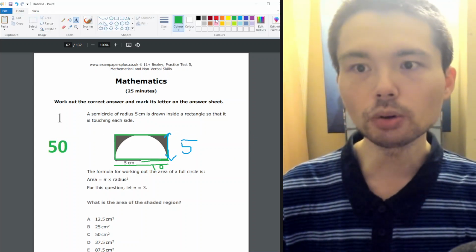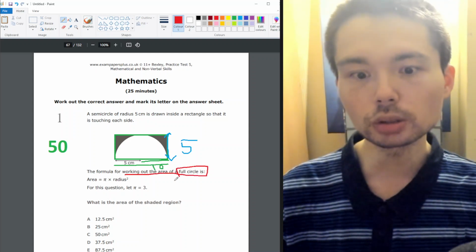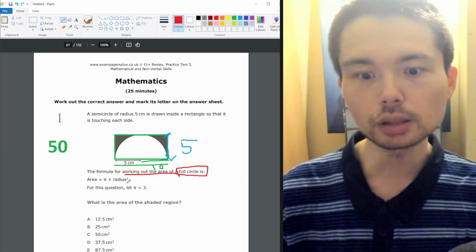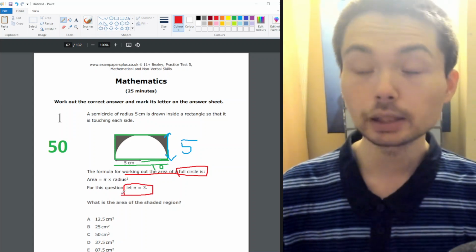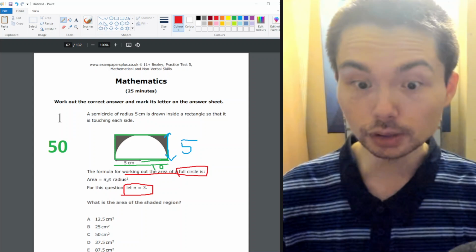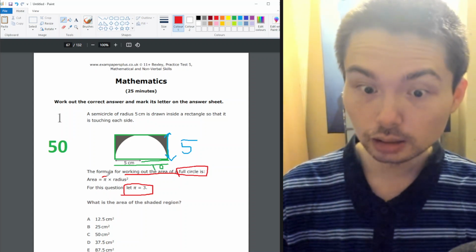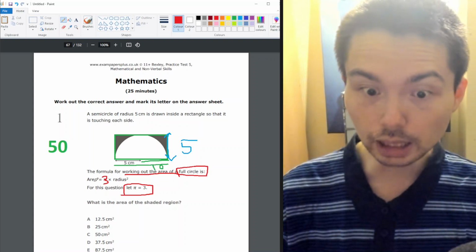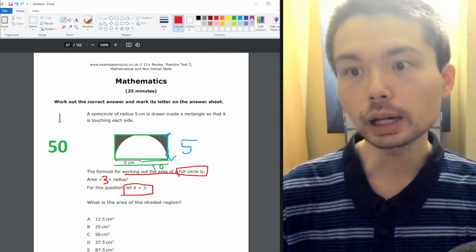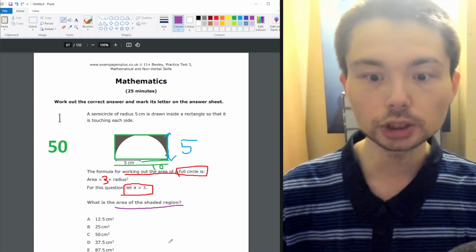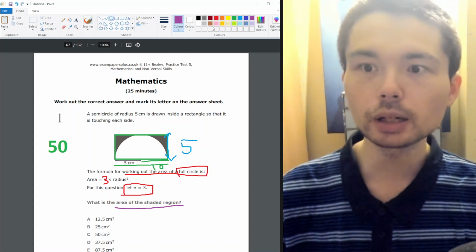Next bit, the formula for working out area of a full circle is pi times radius squared. For this question, let pi equals 3. This question looks scary because if you've never seen this symbol before, you might be thinking, what is happening? They're telling us this is 3. So when we work it out, area equals 3 times radius squared. We have the question, what is the area of the shaded region? So let's do it. Here we have a circle.